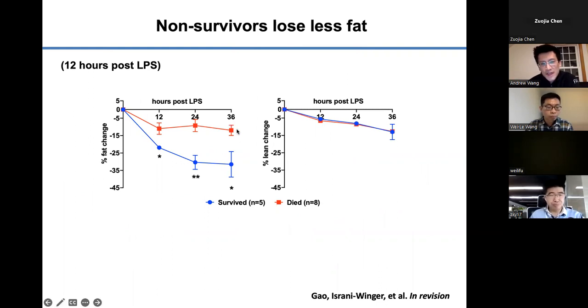And what you can see is that the decrease in weight loss in the mice that died was driven exclusively by the amount of fat that they lost. So mice that eventually died, and here you can see that we can resolve this to 12 hours after challenge, mice that lost less fat mass would uniformly be the ones that ended up dying. And this was not true in the lean mass.